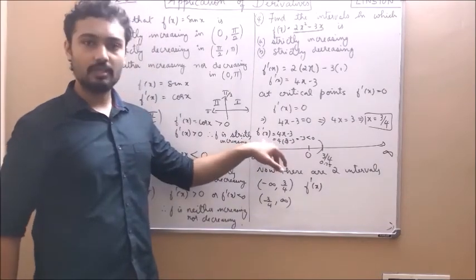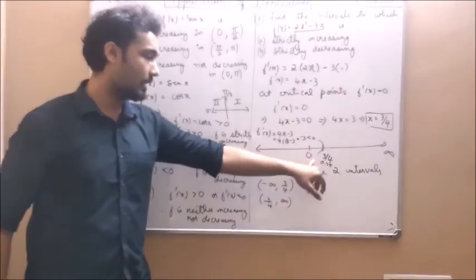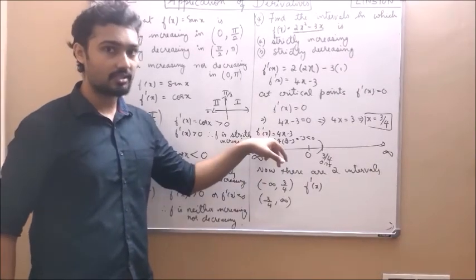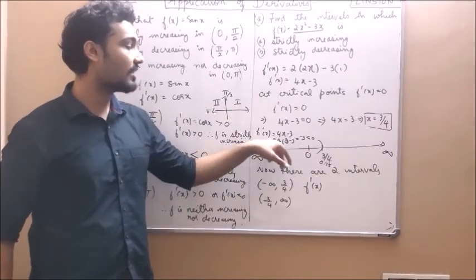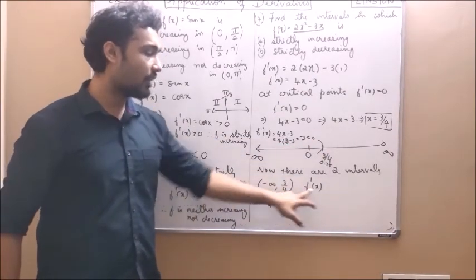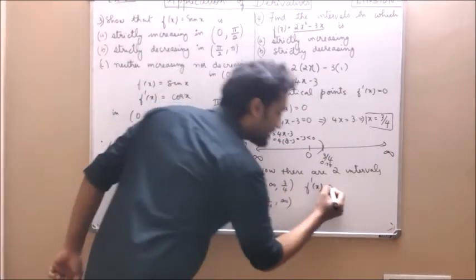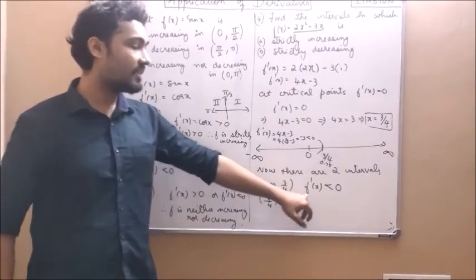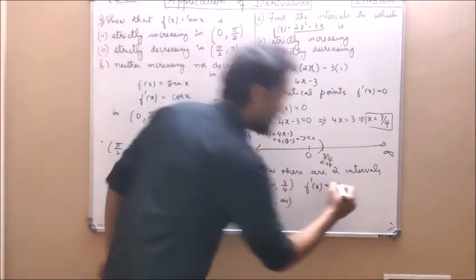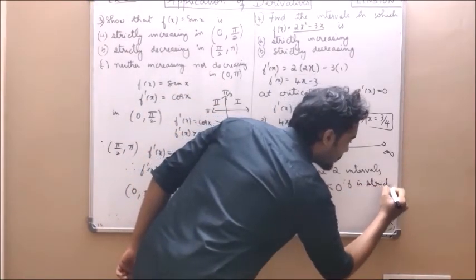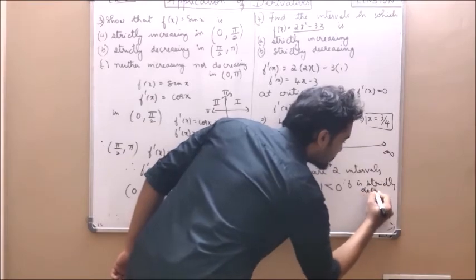So you take any value of x in this interval and substitute in f dash of x, and you get f dash of x less than 0. So in this interval, for any x, f dash of x is less than 0. So what happens? If f dash of x is less than 0, then f is strictly decreasing.